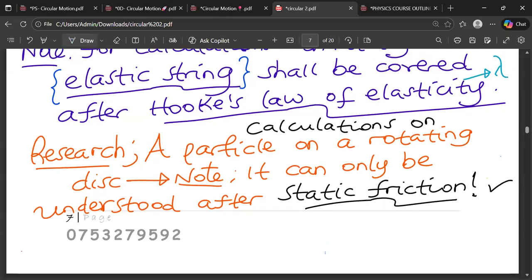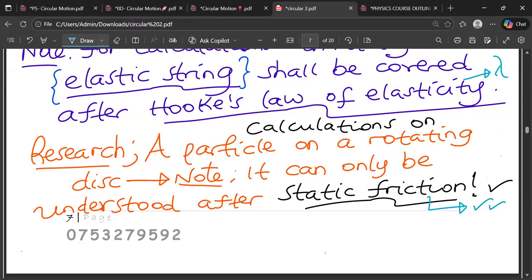If you're also well conversant with static friction, when you go and cover the rotating disk, you'll understand, because they will tell you that the friction is what will provide the centripetal force in case that particle is to slide over the rotating disk.